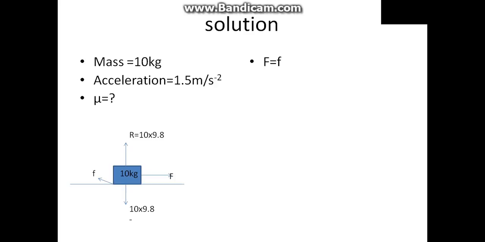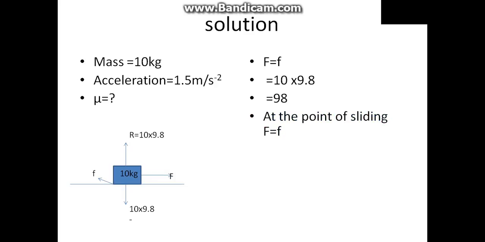But we know fully well that the limiting frictional force is equal to the resultant force. Then substituting, we get 10 times 9.8, which is the acceleration due to gravity, giving 98. At the point of sliding, the limiting frictional force is equal to the frictional force. Substituting the limiting frictional force with mu R, we get force equals mu R.